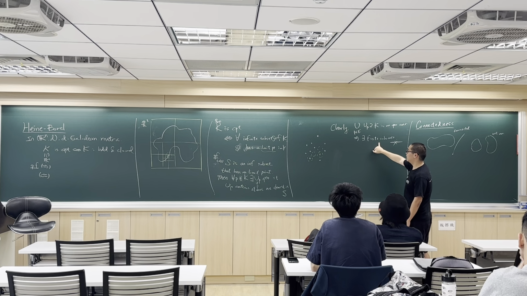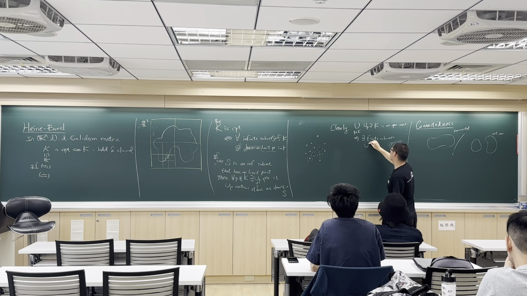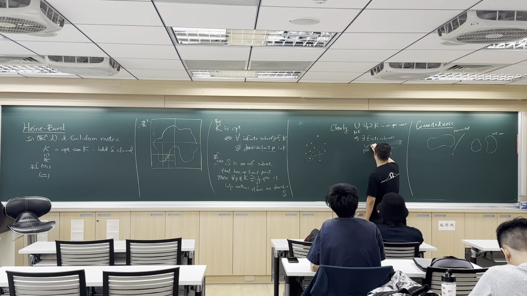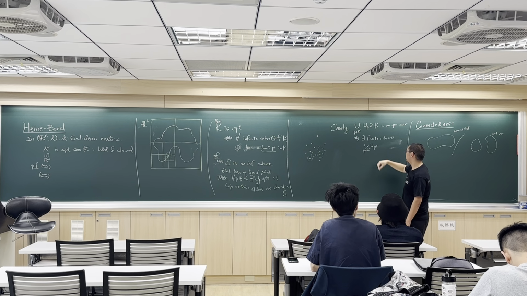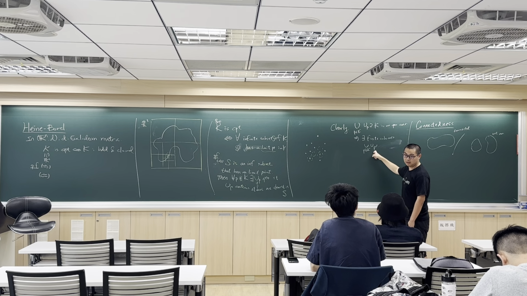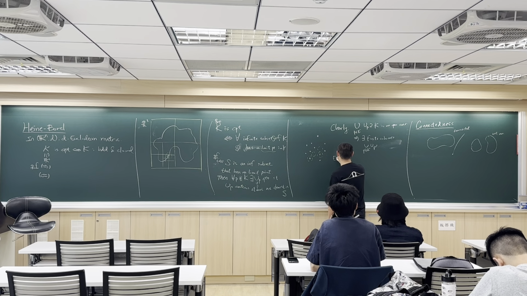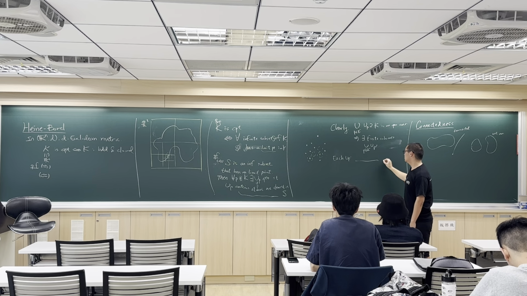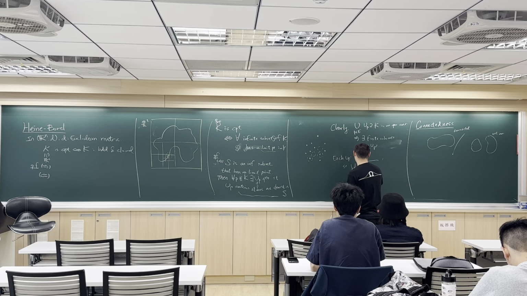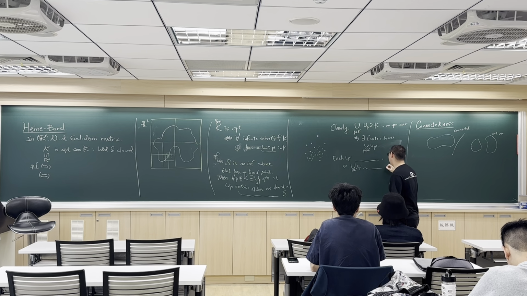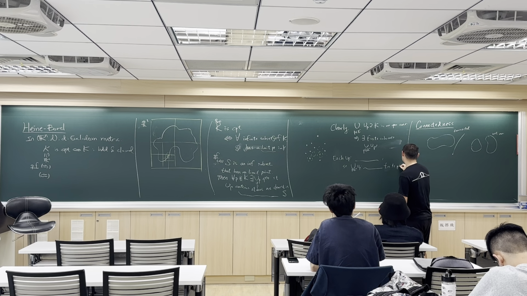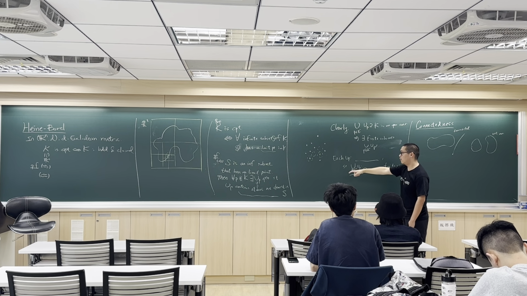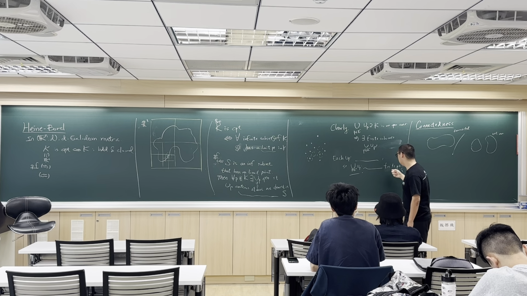Okay, so if there is a finite subcover, let's say UP prime for P in K, and we know that each UP prime contains at most one element in S. So the UP primes contain at most finitely many points in S. But this one covers K, so this one covers S. Finite points.